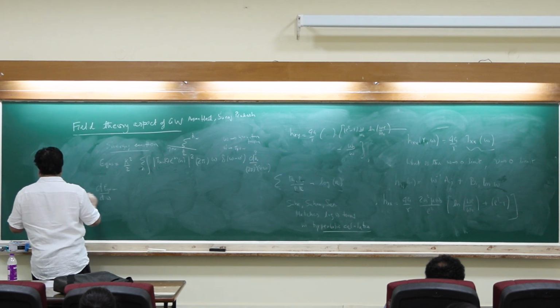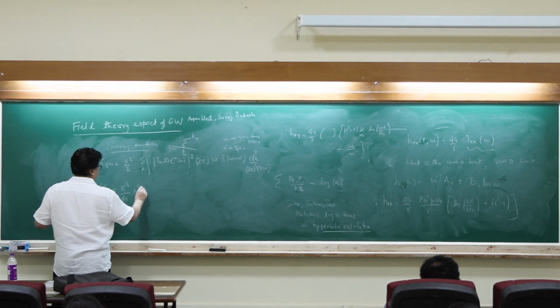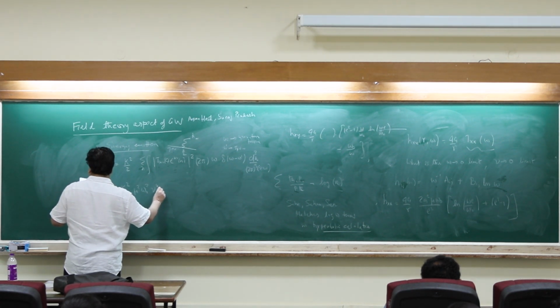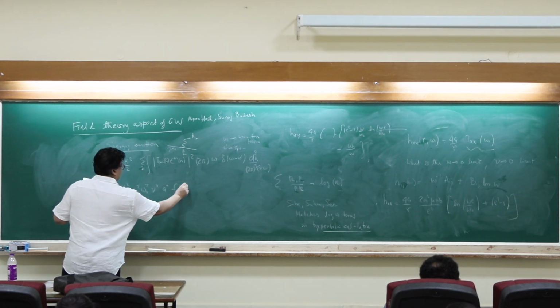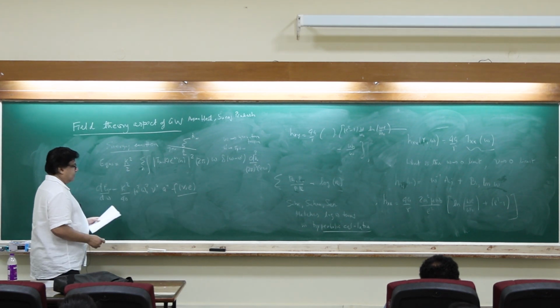the power in a frequency interval, it is kappa squared upon 40 times some function of the eccentricity. This is a known function of eccentricity.